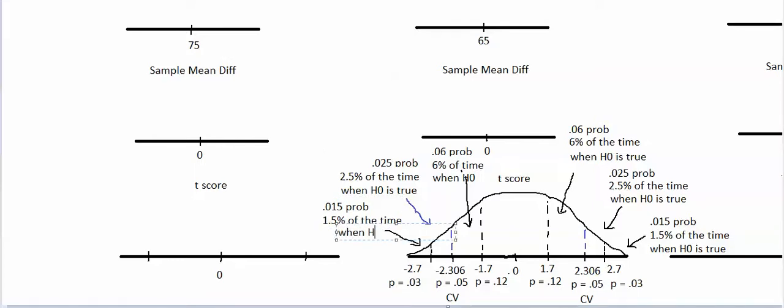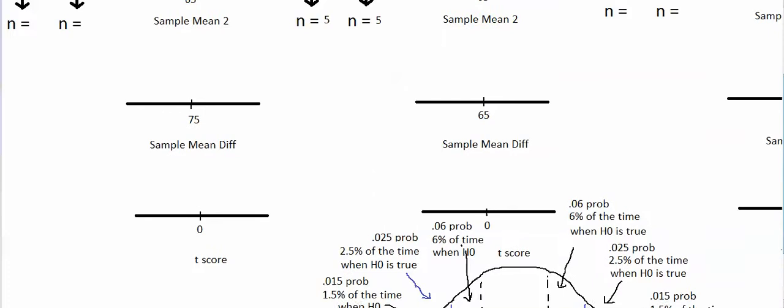So basically, the t-score will reach this number and land somewhere in this tail 1.5% of the time when H0 is true, and it'll reach this t-score of negative 2.7 and land somewhere in this tail 1.5% of the time when H0 is true. Okay, so this finishes this part of the work I wanted you to do down here.